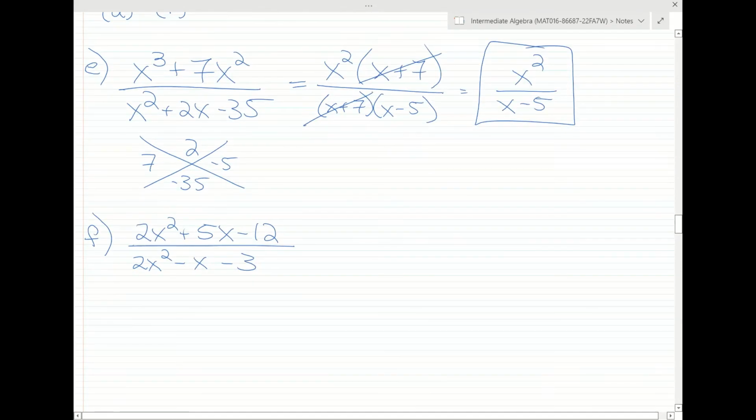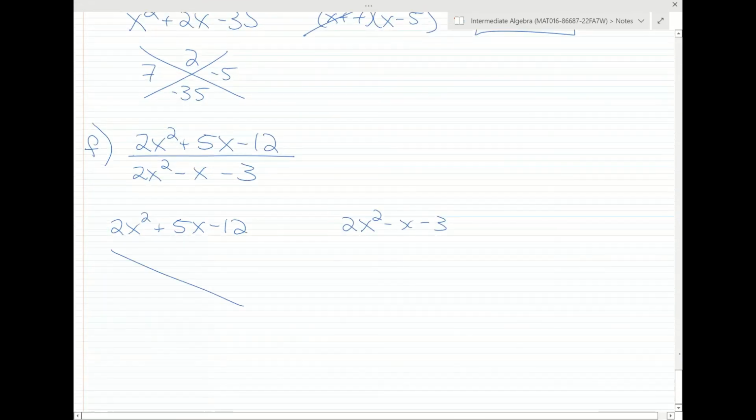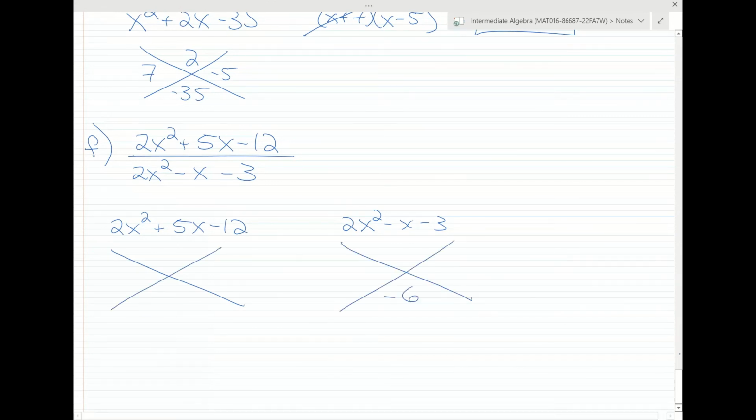This is another one we have to factor. This one's a little trickier, so I'm going to show you the long way. We'll factor both the numerator and the denominator. The numbers that multiply to be negative 6 add up to be negative 1. And then for this one, they have to multiply to be negative 24 and add up to be 5.